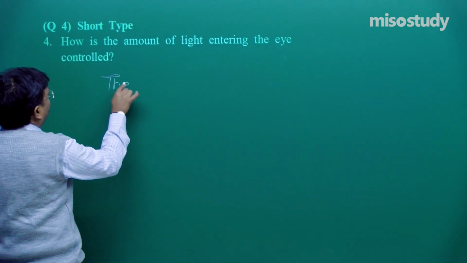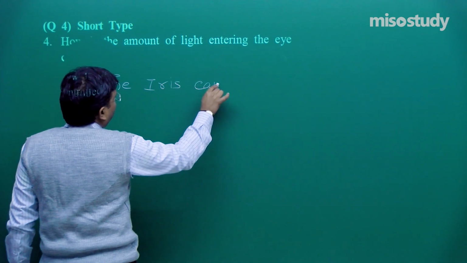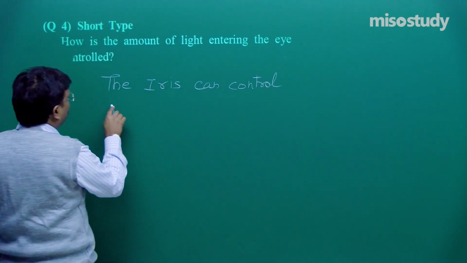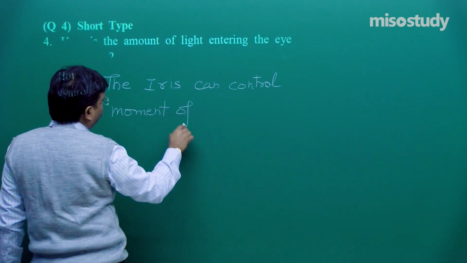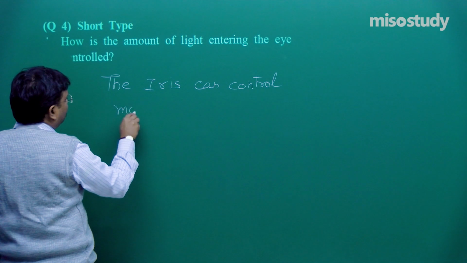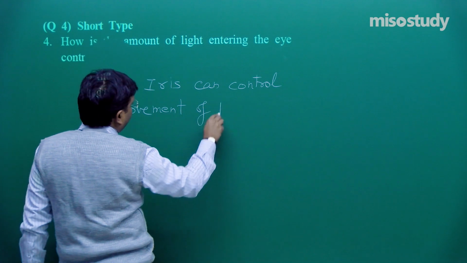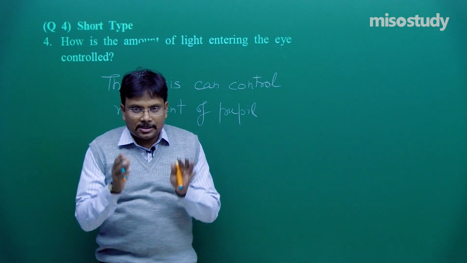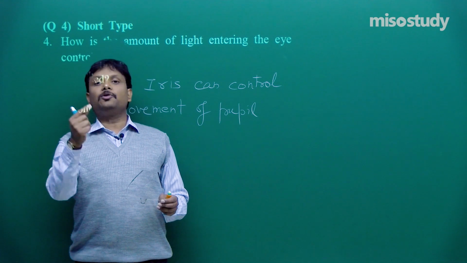The iris can control the movement of pupil. Suppose, let us say I allow the light from this projector coming to my eyes.